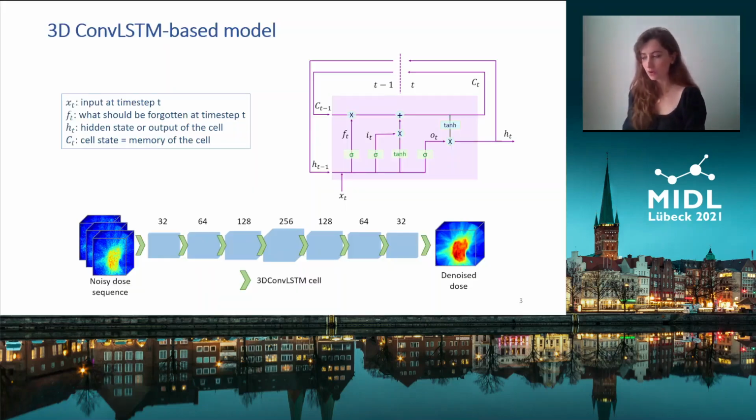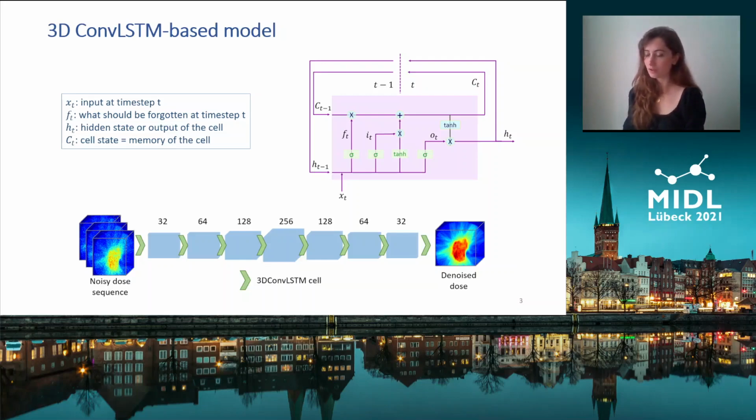So we focused on the potential of a recurrent deep learning framework called convolutional long short-term memory cells, or ConvLSTMs. ConvLSTMs are interesting because they extract meaningful features from both the sequential and spatial nature of the inputs. Our model is simply composed of several ConvLSTM cells stacked on top of each other.